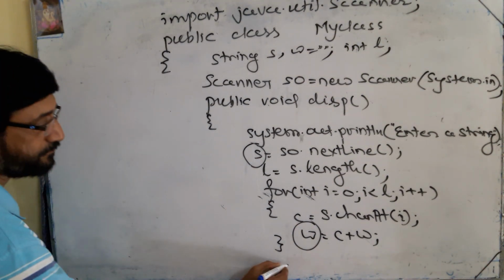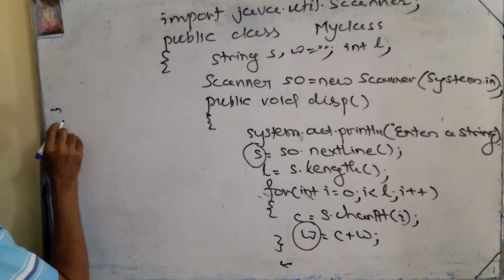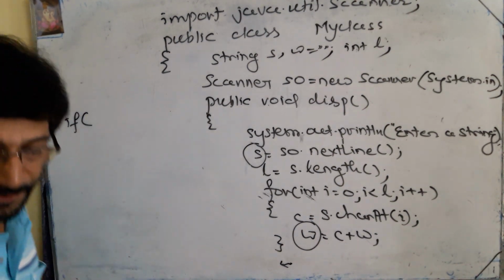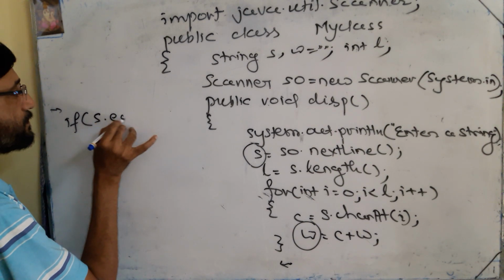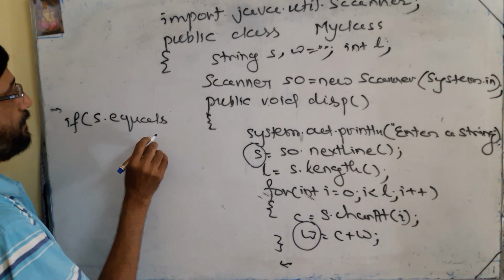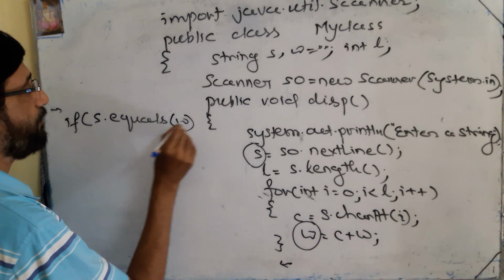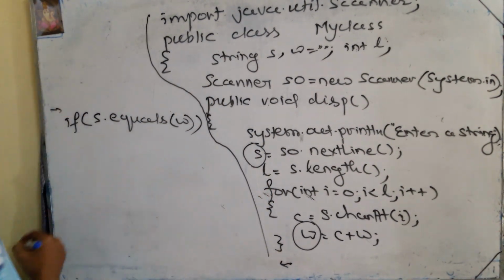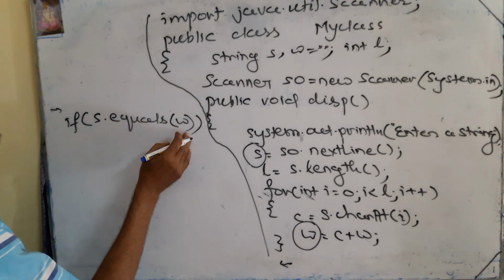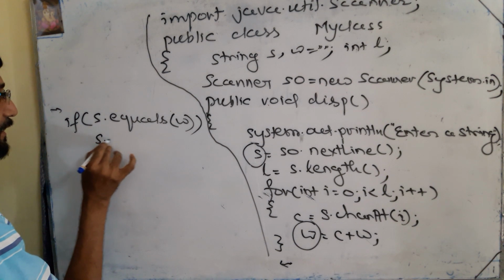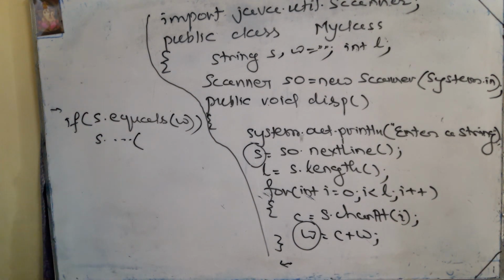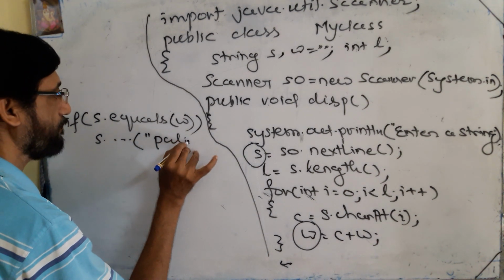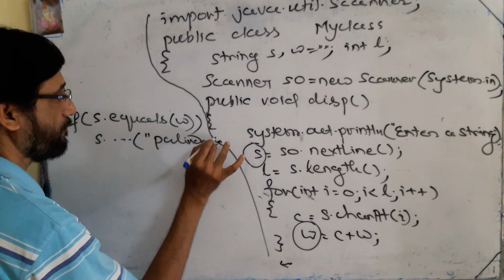That is, I am writing here: if s.equals(w), you can write either way. If s.equals(w), then both the strings are equal, so you can write System.out.println("The string is palindrome").